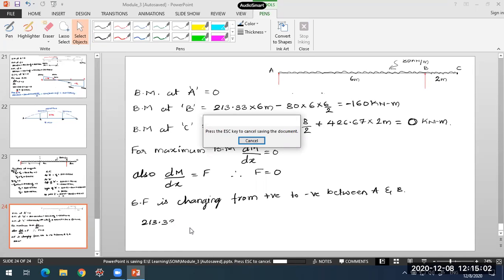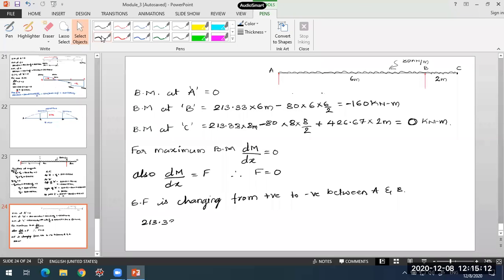What is the value of x from that? So 2.67 meters. You got that as 2.67.